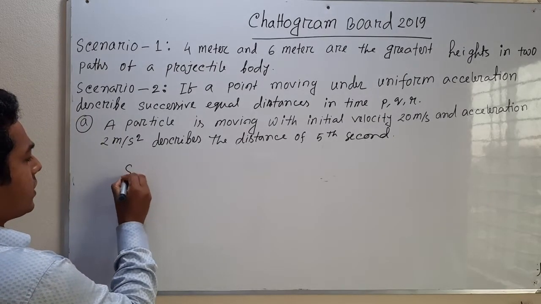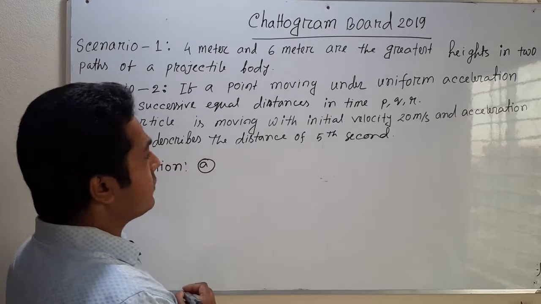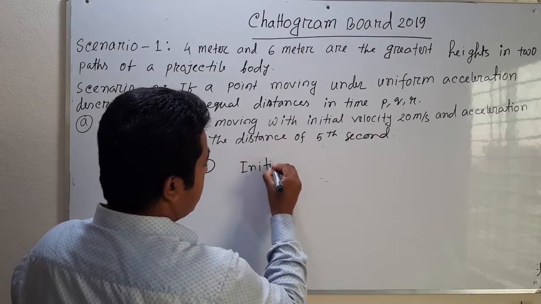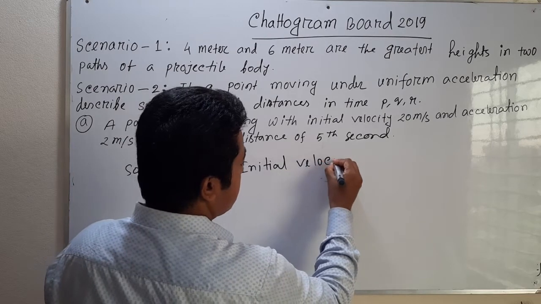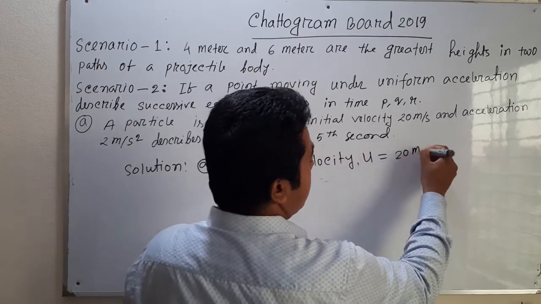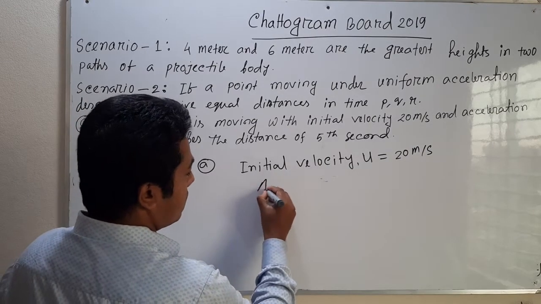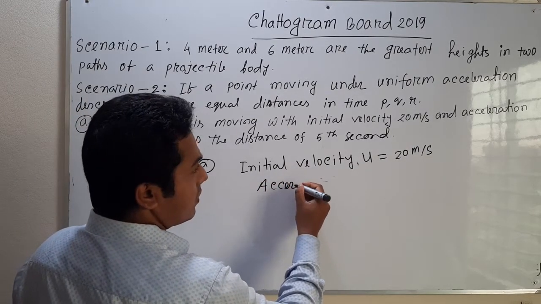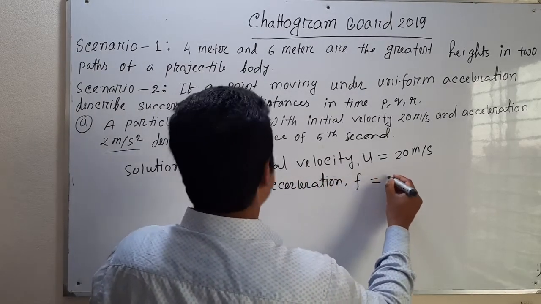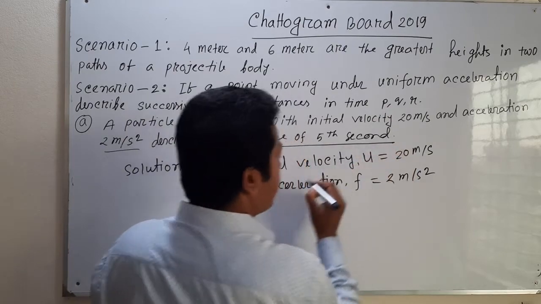This is the solution of question number A. Here the initial velocity u is equal to 20 meter per second and the acceleration f is equal to 2 meter per second square, and we have to find the distance in the 5th second.